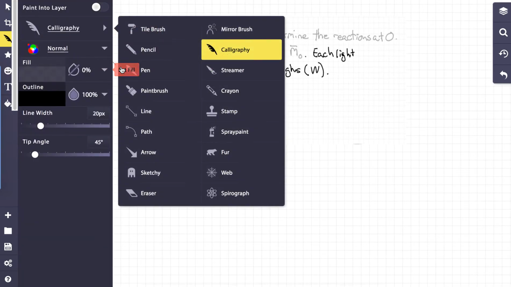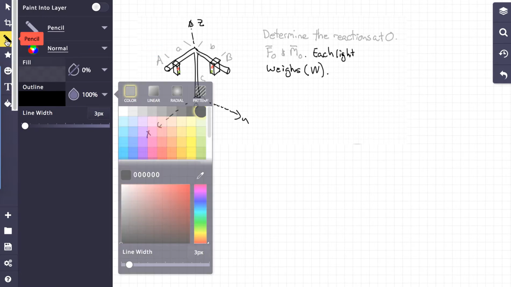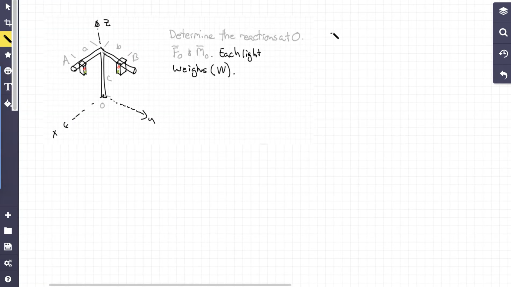So come over here. We're going to choose a pencil, and we're going to choose black, which is awesome. What we can do here is say we're given a couple of things. One thing is we're given the weight of each one, and we're going to call these the weight of A and the weight of B. We could say that the weight of A is equal to the weight of B, which therefore equals the weight W. So with that, we know that.